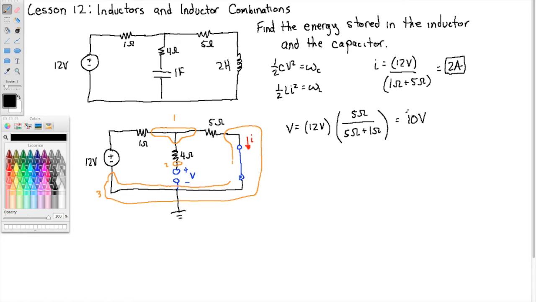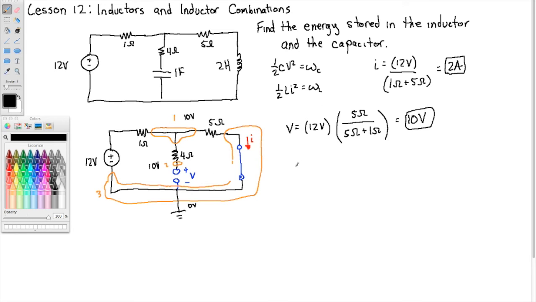So again, that's the voltage from node 1 to node 3. If we're calling node 3 our reference point, 0 volts, that makes node 1 10 volts. And there's no drop across the 4 ohm resistor, so that makes node 2 10 volts. And voila, we have V, the voltage at node 2 relative to node 3, 10 volts.